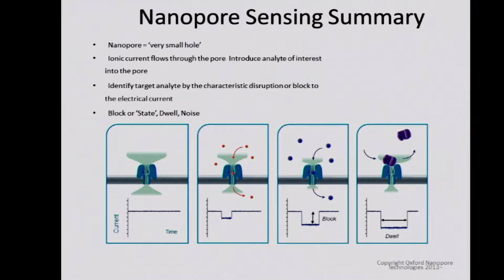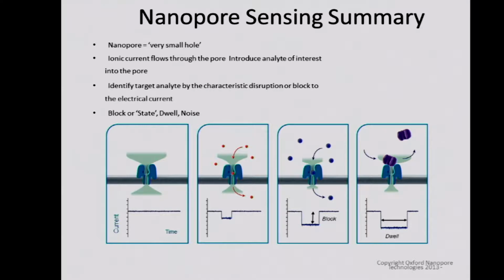As we stick small things in this case into the pore, the ion flow through that pore is decreased. That represents a characteristic shift in the current as the ions are traveling through the pore. We can stick larger things in those pores, which can create a larger blockade of the current as it passes through.